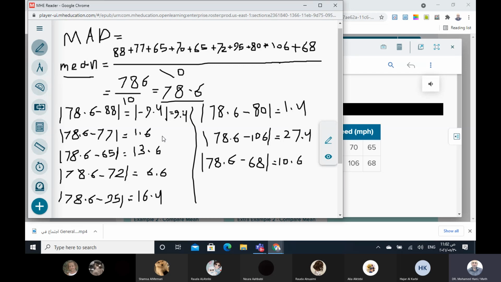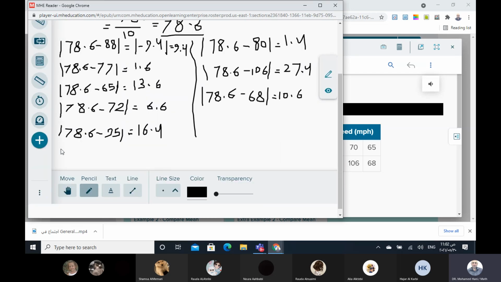Then after you found the distance between the mean and each value, find the mean absolute deviation. How? Find the mean of all the distances here.